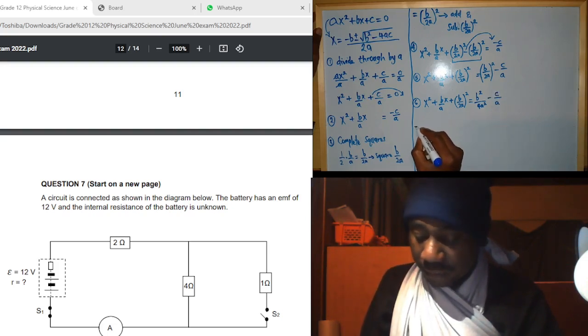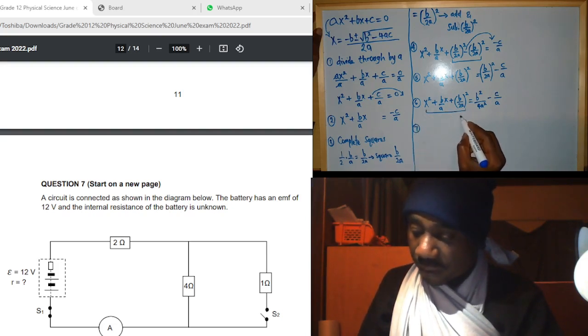In step 7, we can simplify the whole of this.